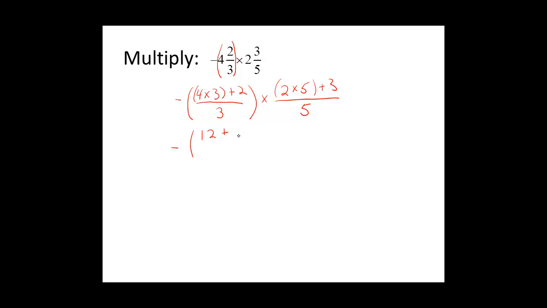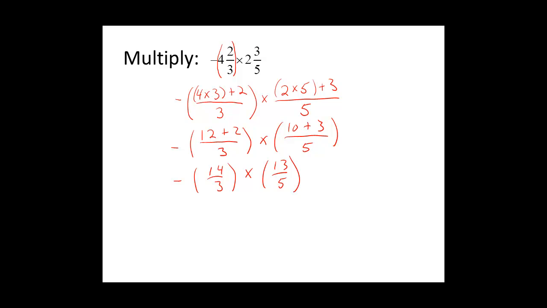So here we get 12 plus 2, 10 plus 3, so we have 14/3 here, a -14/3 times 13/5.